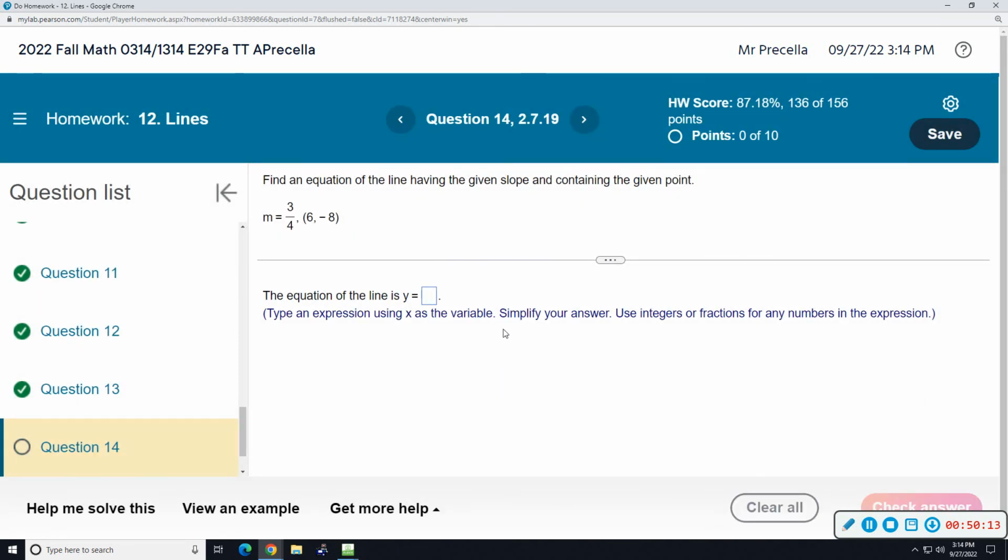Next one, a little bit messier, but the same type of problem. What makes it messier? It's a fraction. Yeah, that slope is a fraction.